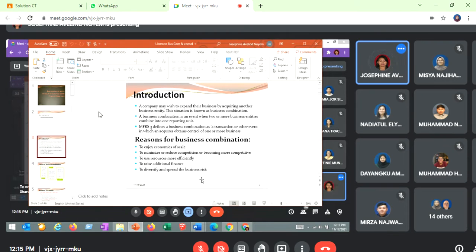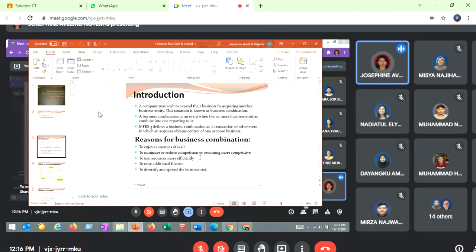It's basically about, if you are able to produce in bulk, in large numbers, you're able to reduce the cost. This is what happens in this kind of business combination. When they acquire, they become bigger and are able to reduce the cost of the product.